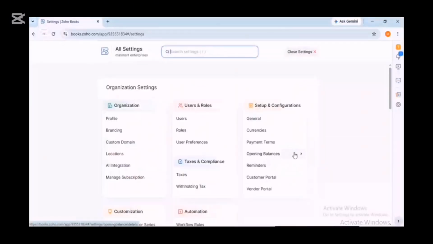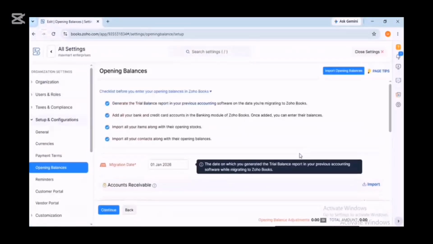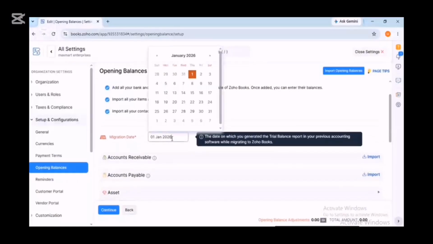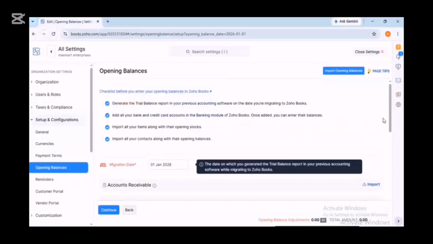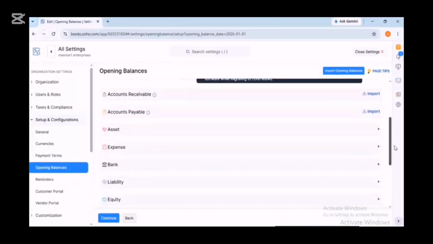So let's select opening balances. Let's go down. So we are actually going to create some accounts. So 1st January, this is the period we are in.